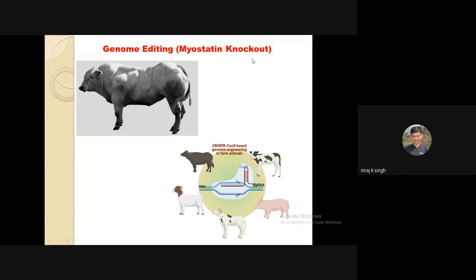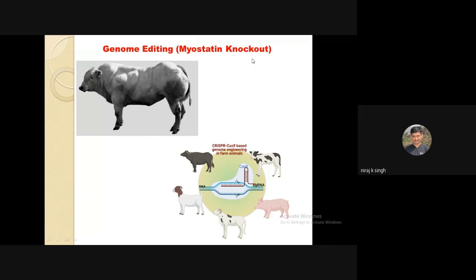Normally, exotic breeds produce A1 milk, and our indigenous cattle produce A2 milk. It is due to a single nucleotide variation, only one nucleotide. If we are able to change that nucleotide in exotic breeds, then we can get A2 milk from exotic breeds also, like HF or Jersey, which produce A1 milk.